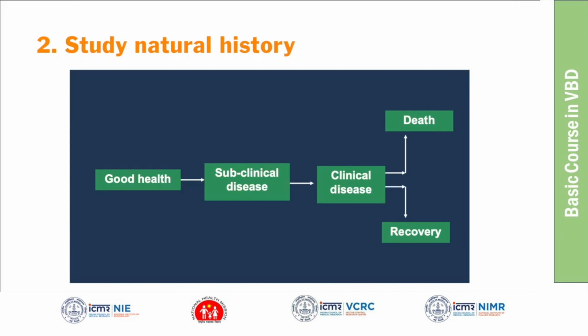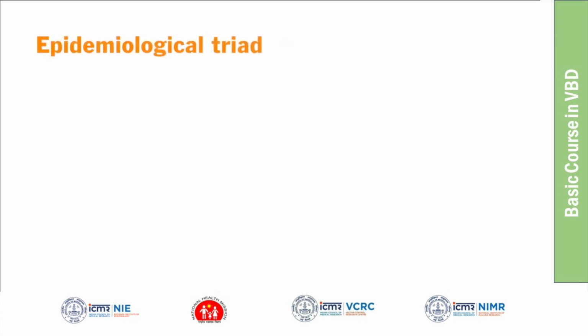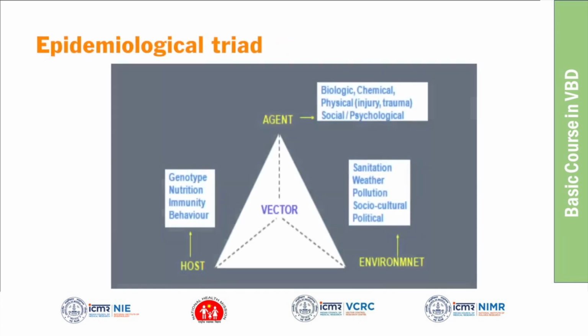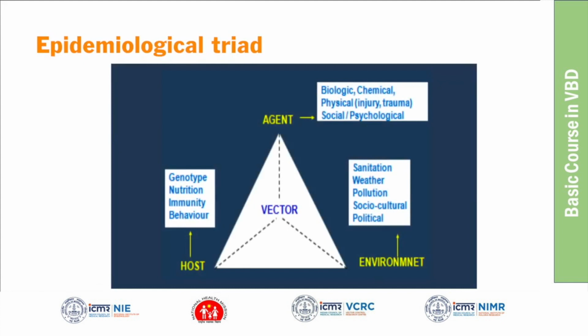Natural history as such is an important piece which helps all of us to understand which steps can be useful to intervene, or where we should have screened, or where we should take care of the individual with the suffering that a person has. To understand natural history, what we call the epidemiological triad, the three things, is very important.